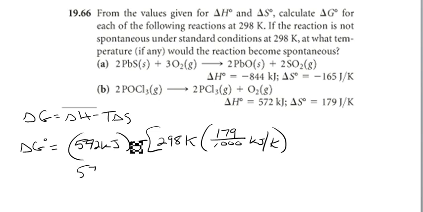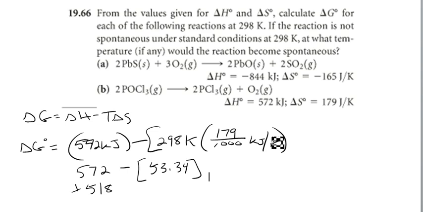So we have 572 minus positive 53.34, which gives us a positive number of 518, we'll do 519 kilojoules. That would be delta G.